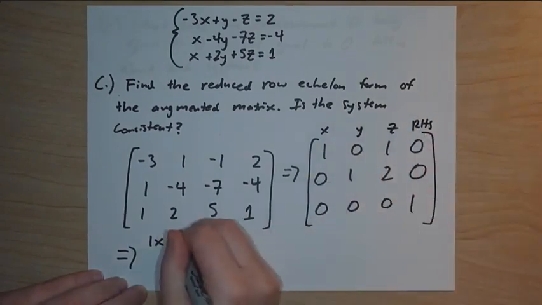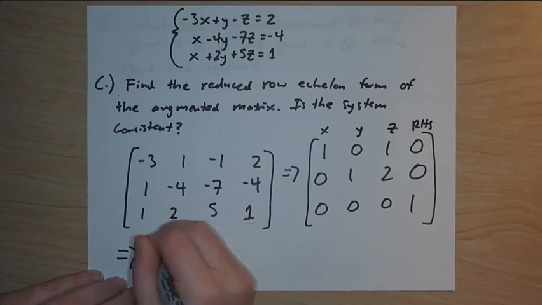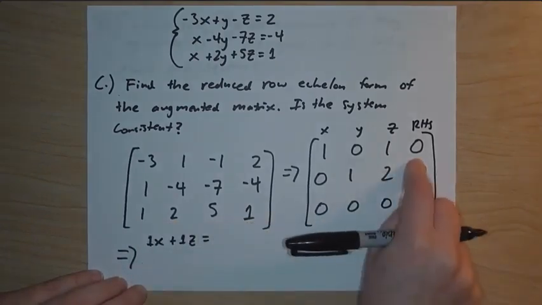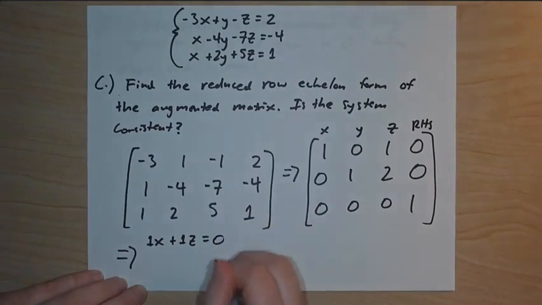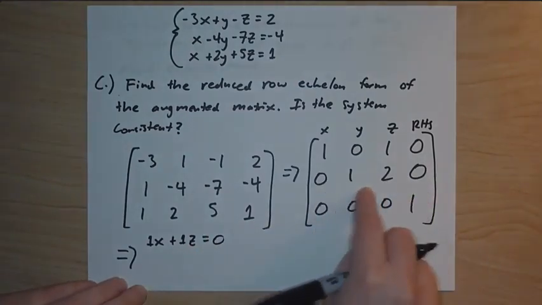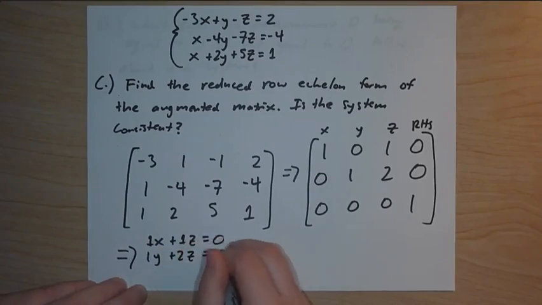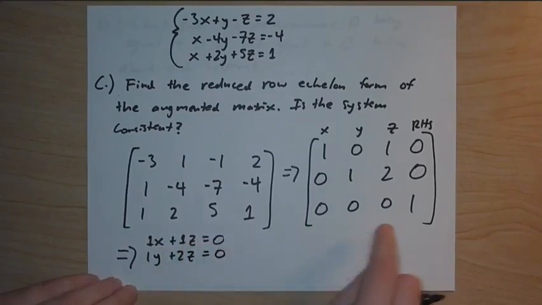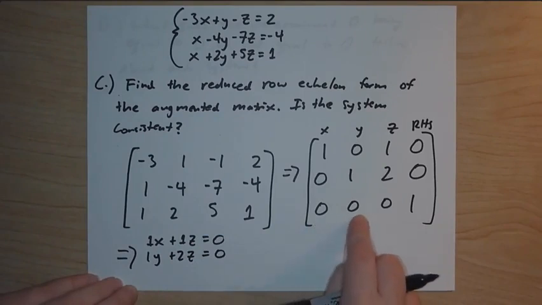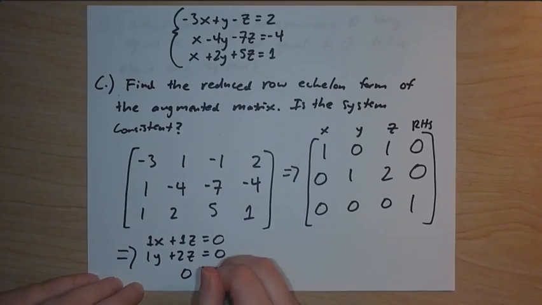So we have plus 1z. This is equal to the right-hand side, which is just the constant, so this is equal to 0. And then for our second row, we have 1y plus 2z is equal to 0. And then for our last row, we have 0x plus 0y plus 0z, which is all equal to 0. So we have 0 is equal to our right-hand side, which is 1.